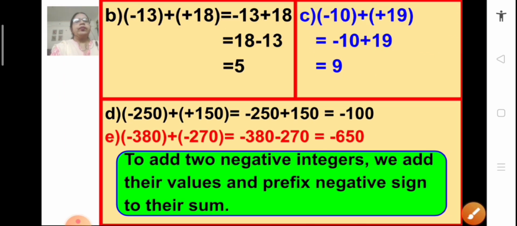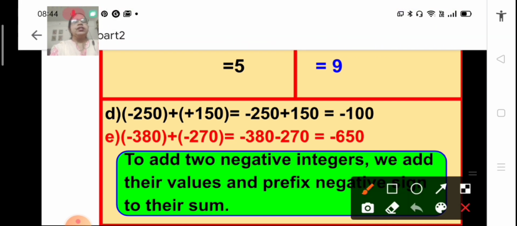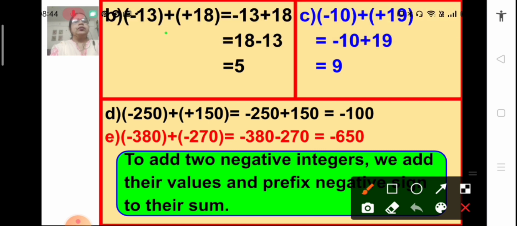Then next one, B, negative 13 plus positive 18. So here two positive signs, it becomes positive. So we have negative 13 plus 18. When we have one negative and one positive integer, we subtract and it will take the sign of the bigger integer. So 18 minus 13 becomes 5, and the sign of the bigger integer is positive.